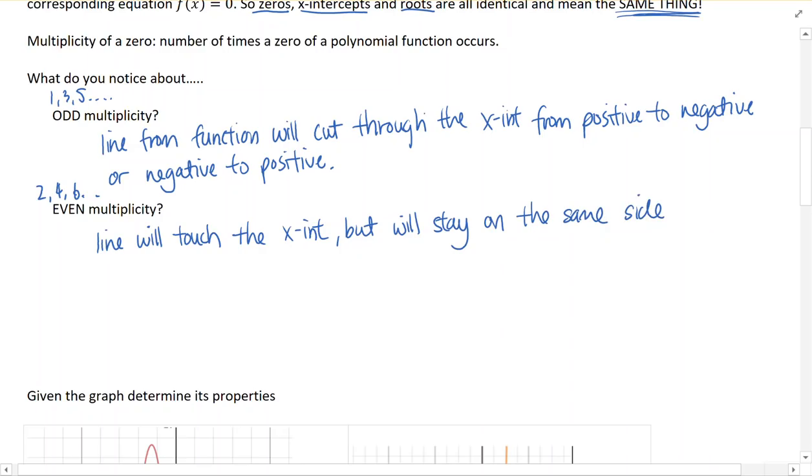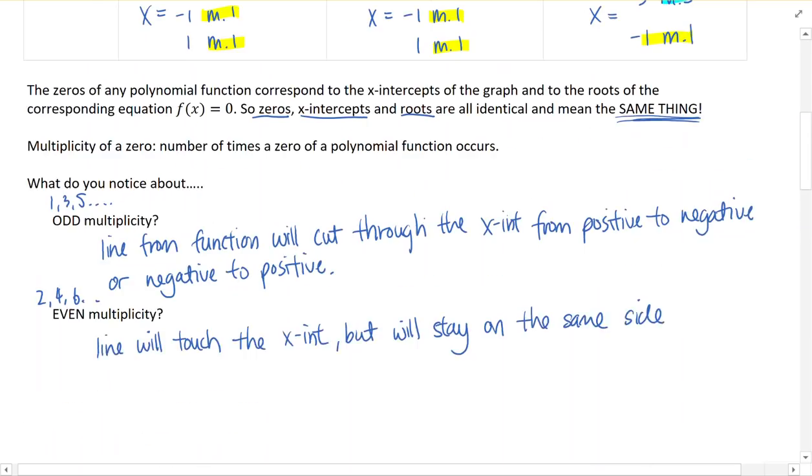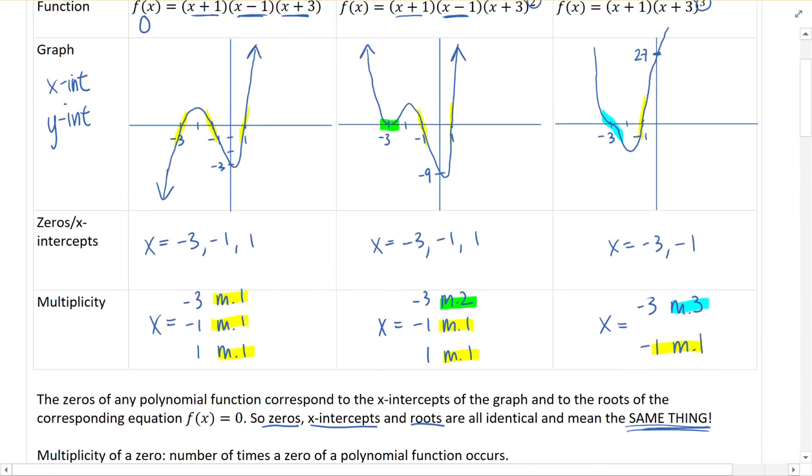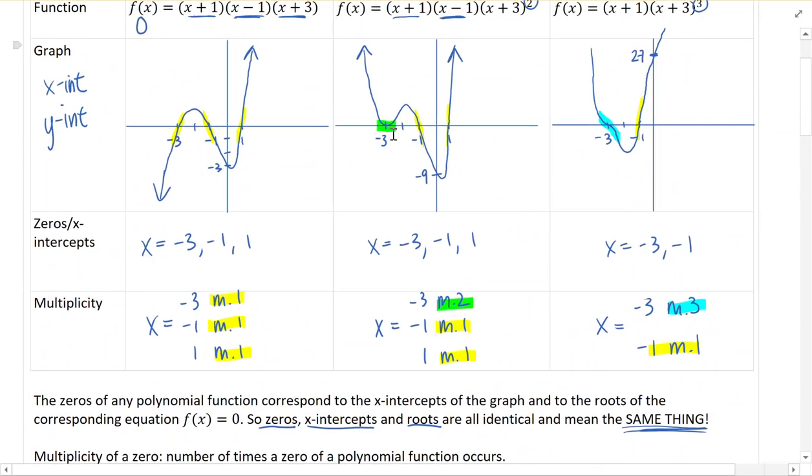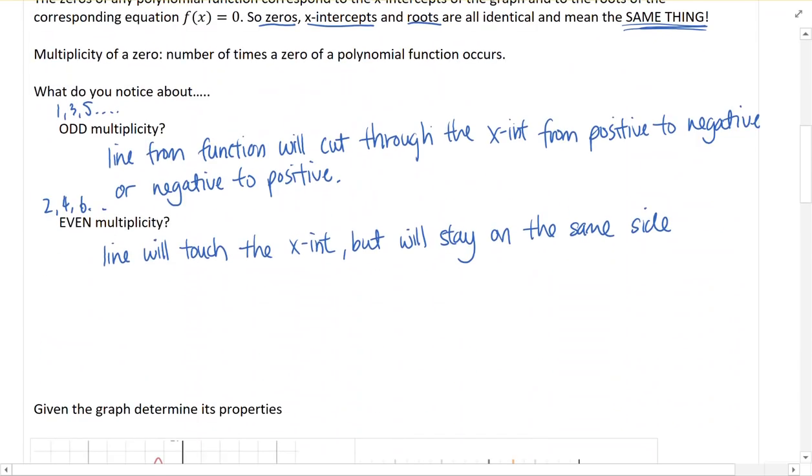What I mean by that is like our example up here, it comes in from the positive side, but it won't go through. It'll just touch and then bounce back up. That's what I mean by stay on the same side. If it's on the positive y, it'll stay in the positive y. If it was in the negative y, it'll stay in the negative y.